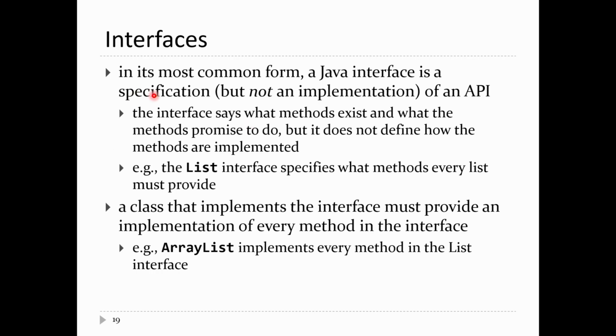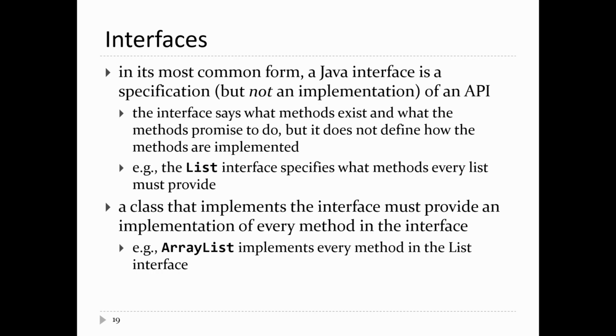If you ever see the word specification, that's what a software engineer means. They're trying to tell you what the name of the thing is and what that thing does. So an interface in Java lists what methods this thing has and what these methods do. What the interface does not define is how the methods are actually implemented. So an interface is really just a list of methods and what the methods do.